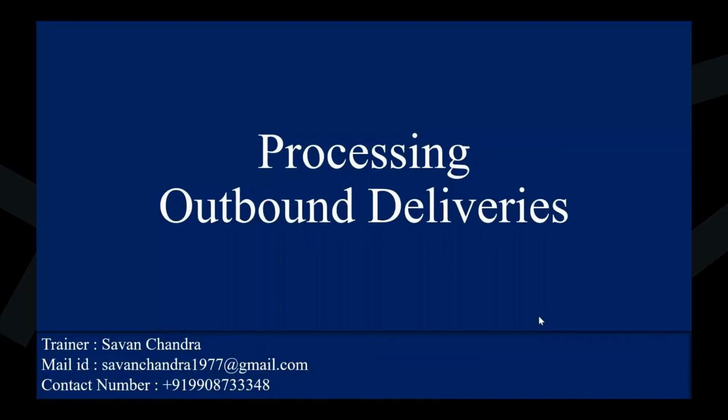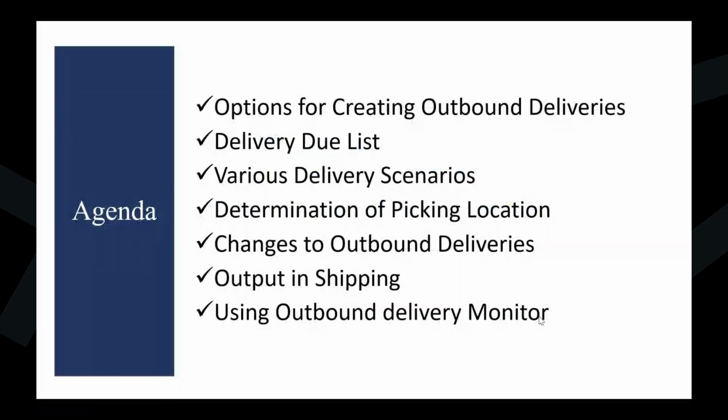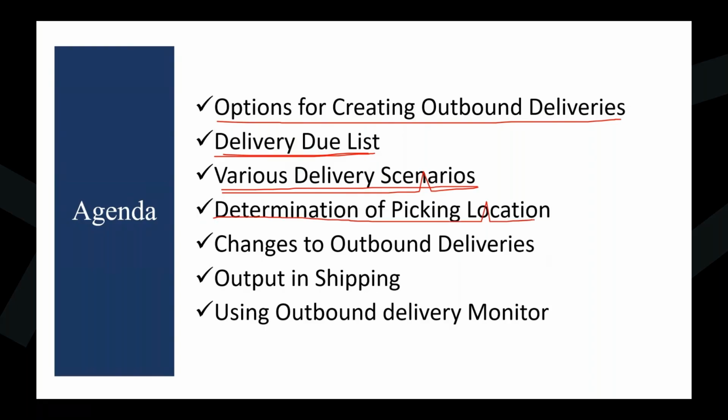The topics we are going to cover are options for creating outbound deliveries, and the delivery due list: what it is and how it is used. Various delivery scenarios and how they are used. Determination of picking location: how the storage location in the outbound delivery can be picked automatically.